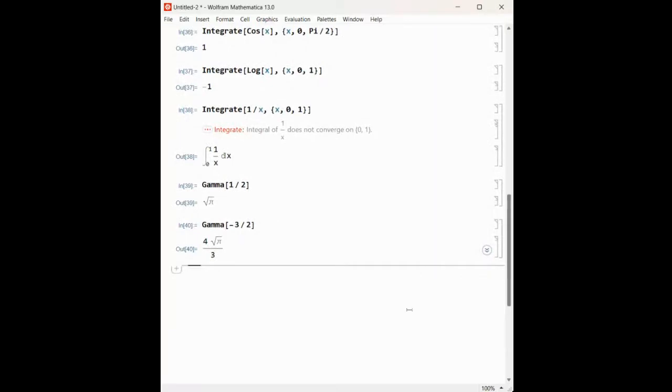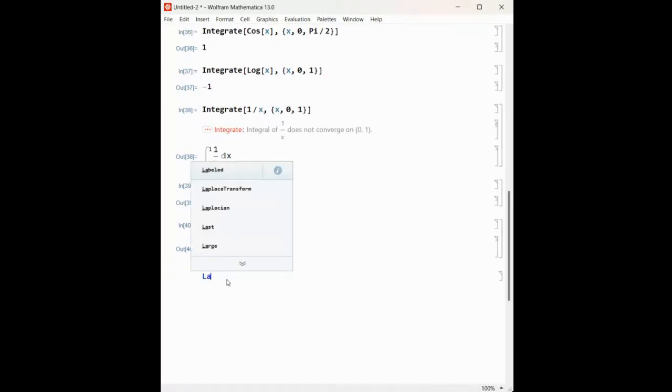Now, if we want to find the Laplace transform, so this is Laplace, this is already here. So let's do it for two variables. For example, I have x cubed times y squared plus x y.